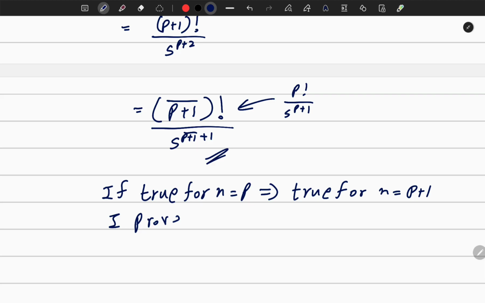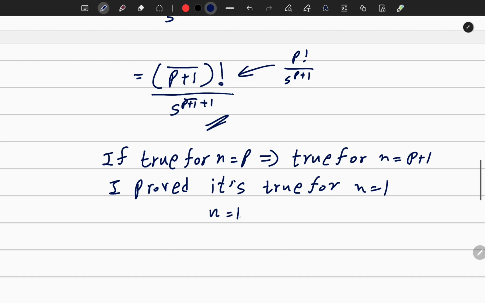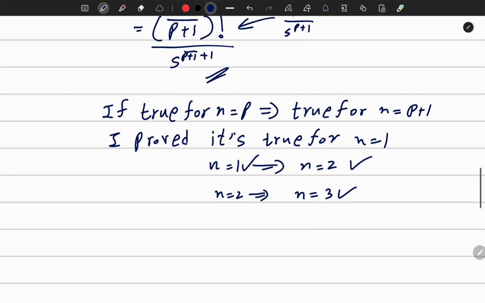I proved it's true for n equals 1. So if it is true for n equals 1, p plus 1 is n equals 2. It is also true for n equals 2. So if it is true for n equals 2, I can say it is true for n equals 3. If it is true for n equals 3, it is also true for n equals 4.